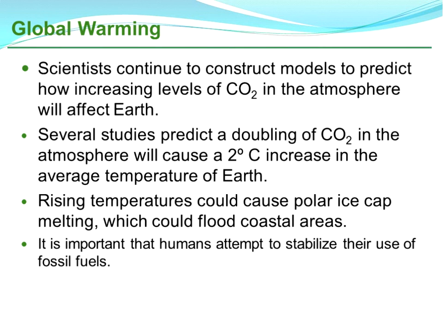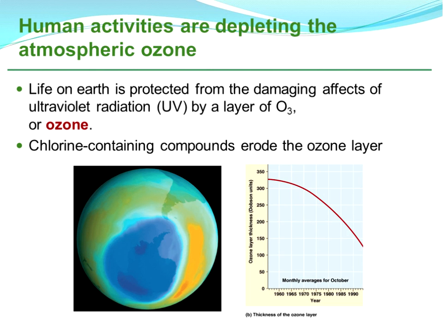We already know that rising temperatures are causing our ice caps to melt, which not only causes floods in coastal areas, but also changes the temperature and the flow of the currents of our oceans, as well as the salinity, because the ice cap is fresh water being dumped into our oceans. So as humans we need to really start focusing on stabilizing our use of fossil fuels.